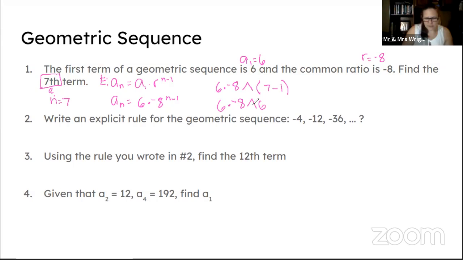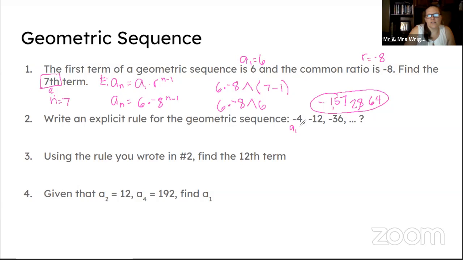If you use your subtraction button, you might get an error message. So my answer is -1,572,864. When I look at the calculator, I don't write in a straight line. Sorry about that.